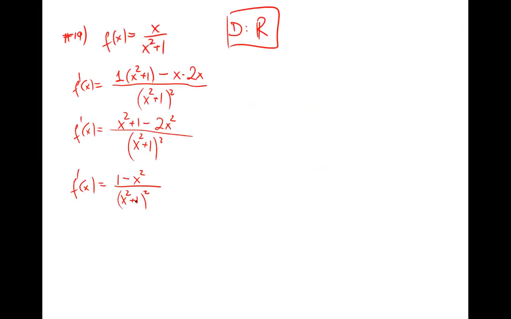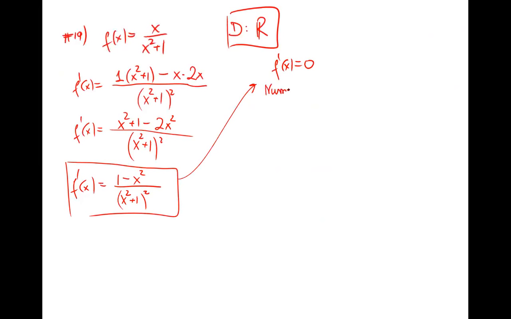Okay, and now having this form, I have to find the critical points. That means the derivative is 0 if and only if the numerator is 0. Okay, this is my derivative. That means the derivative is 0 if the numerator is 0, because a fraction is 0 if the numerator is 0.